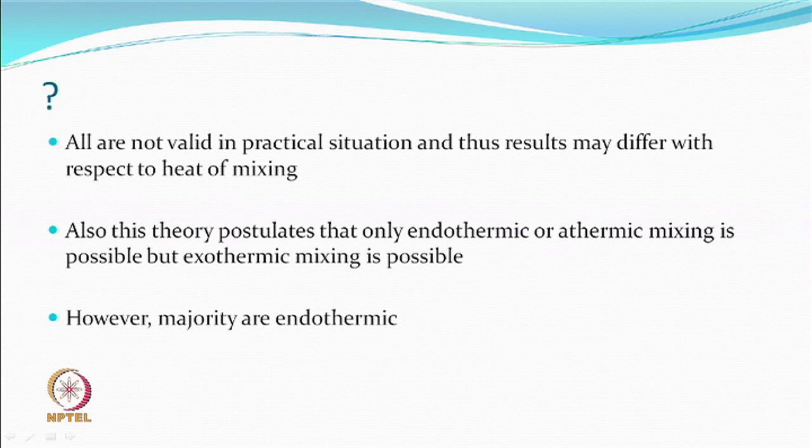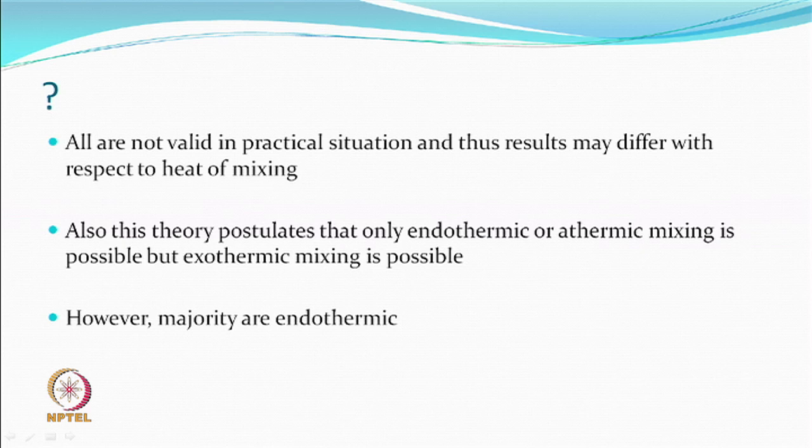Also, this particular theory postulates that the dissolution or mixing process is either endothermic or athermic. If it is 0, then athermic. If it is some positive value, then an endothermic process. But there is a possibility that you can have an exothermic mixing also, which this equation does not talk about, because it takes a square.